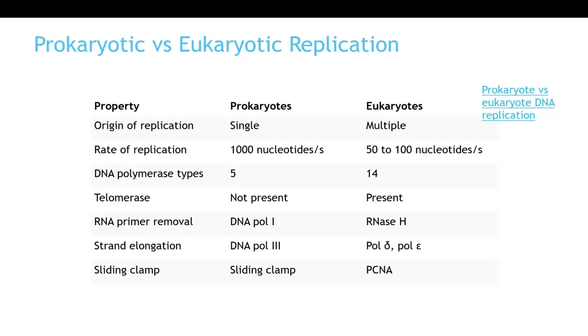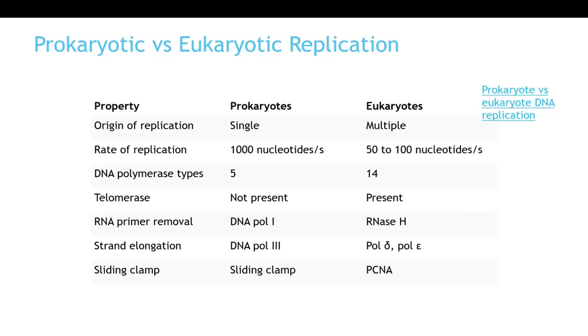So these are some of the enzymes that you can see in DNA replication in eukaryotic and prokaryotic cells, and some of the differences between these two types of cells. For origin of replication, we have a single origin in prokaryotic cells and multiple origins in eukaryotic cells, and the rate of replication is much slower in eukaryotic cells compared with prokaryotic cells.